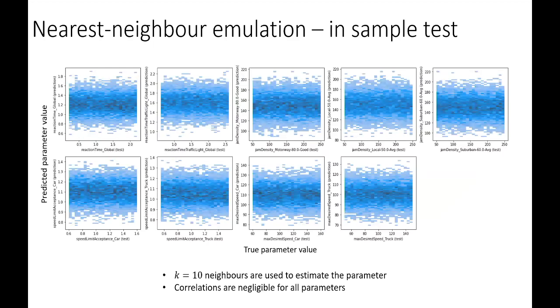So the results of the first test are not very good. Here we've got 10 neighbours, so we're looking at the 10 most similar simulations in the bank. In all cases, on the horizontal axis we have the true value, on the vertical axis we have the predicted value, and we've got a selection of the parameters of the model.